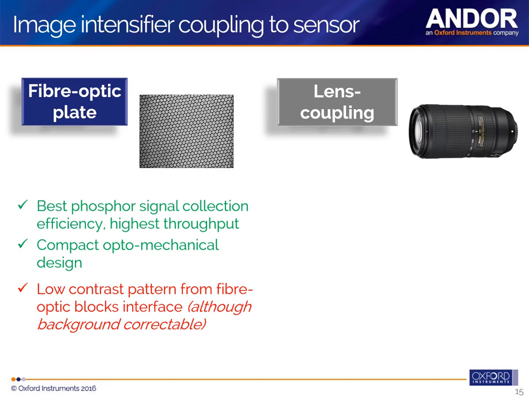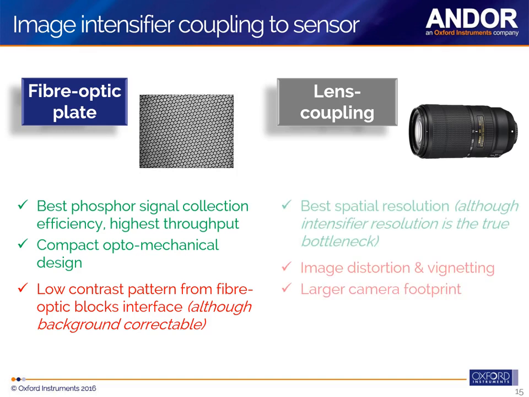Also, the fact that they are mechanically coupled very close to each other between the image intensifier and the sensor makes the design of the camera very compact. You can see that these structures on the fiber optic sometimes can be imaged, and they contribute to a very low intensity background on the image. This background can be subtracted, by taking an image in darkness and subtracting it from the useful image.